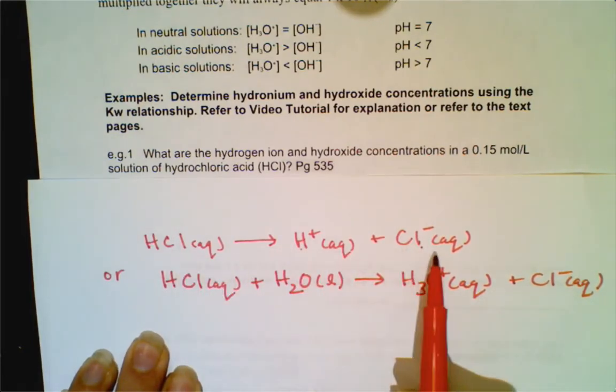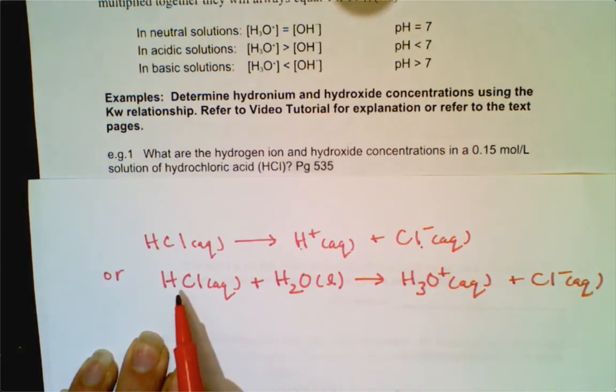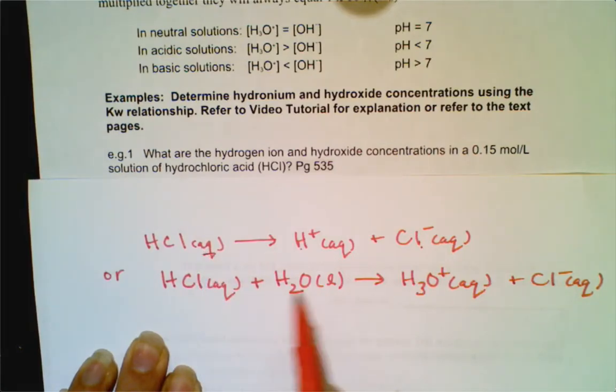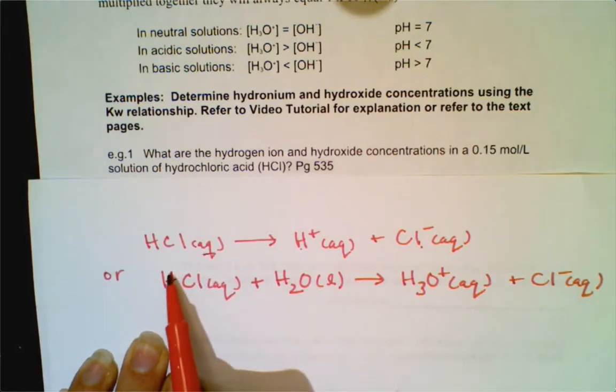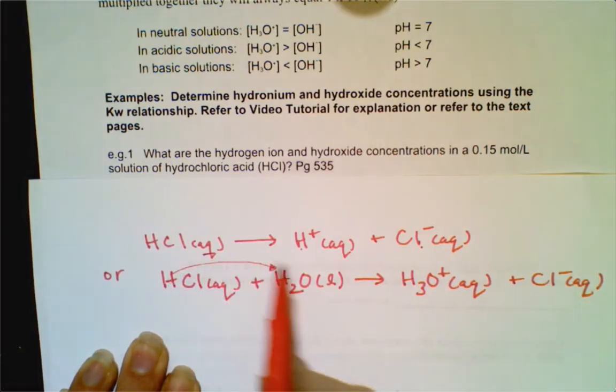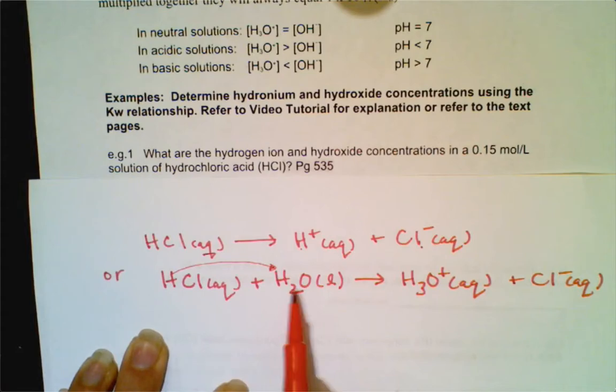Now you can write it like this, but we now know the more appropriate way to show the dissociation of an acid is to show that aqueous means in water, in solution. So I'll write the water here, and we can see that the hydrogen ion from the acid gets donated to the water to form hydronium and chloride.